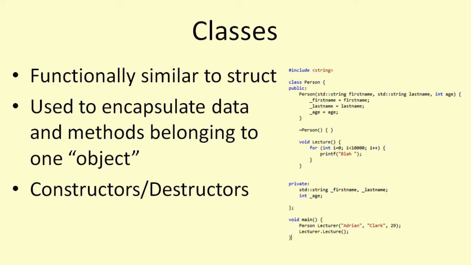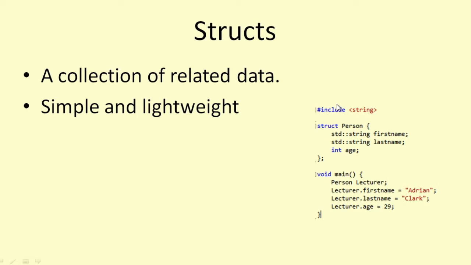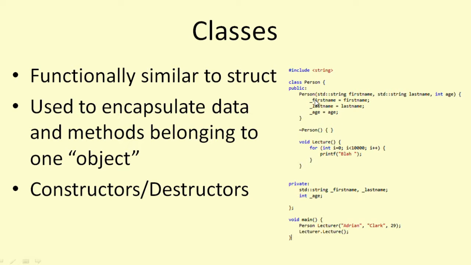Right, so classes, as I said, are pretty much identical to structs in C. It's just a slightly better way of encapsulating objects, so data and methods, and obviously you have constructors and destructors. On this one, we've used the same example as before, except now when we create a person, we define the first name, last name, and age. We have a destructor.